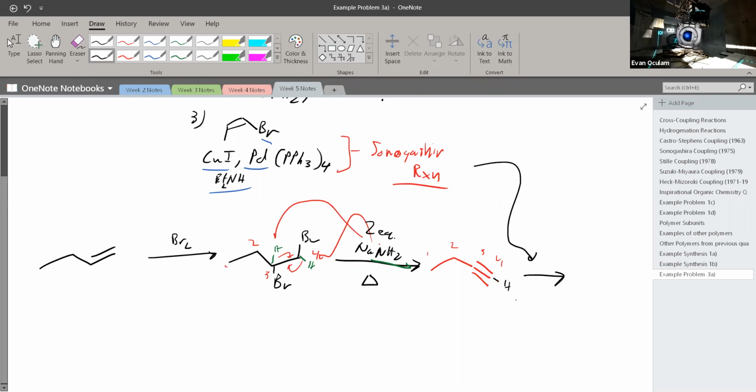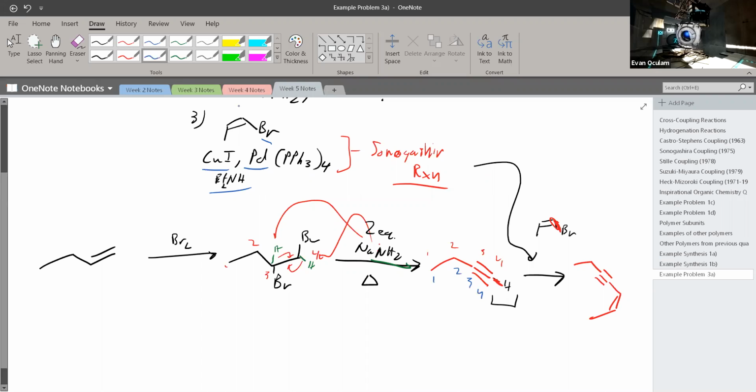So we have a terminal alkyne here, and we have this bromine group right here. So I'll just draw this again. Well, wherever this bromine was, wherever this terminal H was right here, we add them together, creating our final product of this. Now, counting carbons, we have 1, 2, 3, 4.